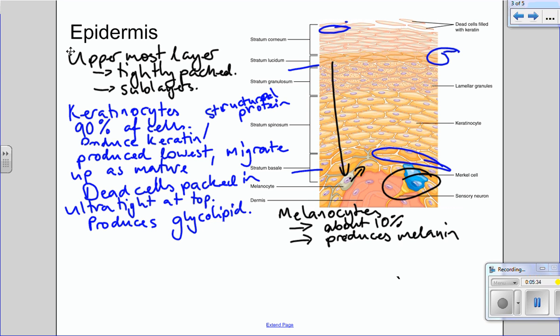And finally, you have the Langerhans cells. These are produced in the bone marrow. They're your immune cell. So if you cut your skin, that's what causes inflammation and allows the protection there.